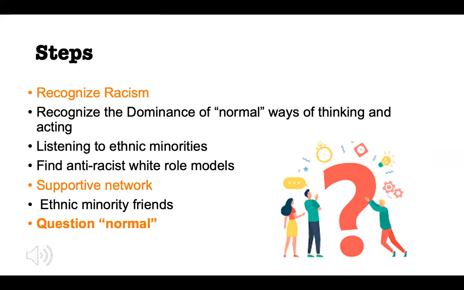Finding a supportive network, and I want to be that supportive network in my family, making sure my immediate family is that supportive network for me. And most importantly, questioning what we consider to be, quote, normal, and always questioning that.